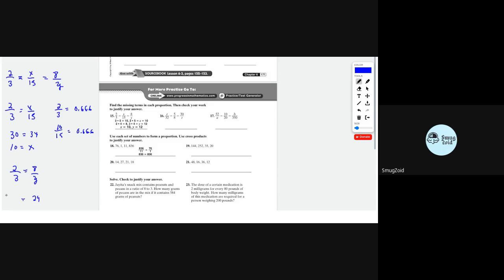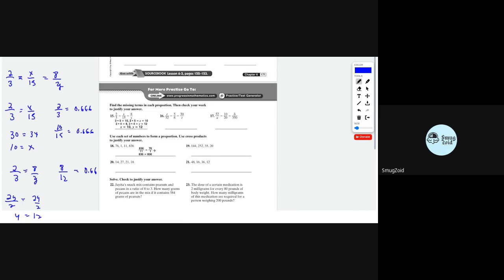Y times 2 is 2y. Divide by 2, divide by 2. Y equals 12. So 8 divided by 12 is equal to 0.666. So let's think about what we're doing here. We are seeing whether or not things are proportional, but you could break them apart into segments. That's how you would do these.